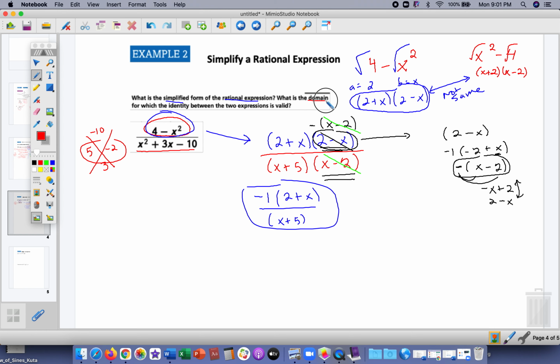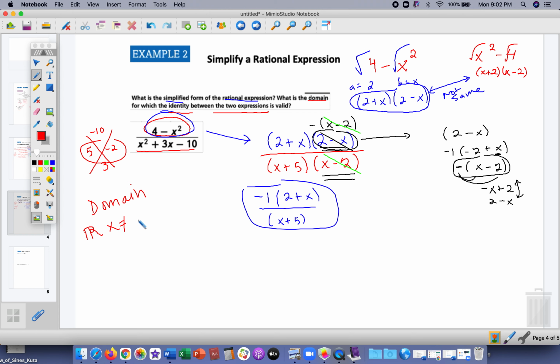Now it also says, what's the domain for which the identity between the two expressions is valid. What is the domain? Now, when we're stating the domain, we always are going to say all real numbers except what can x be?